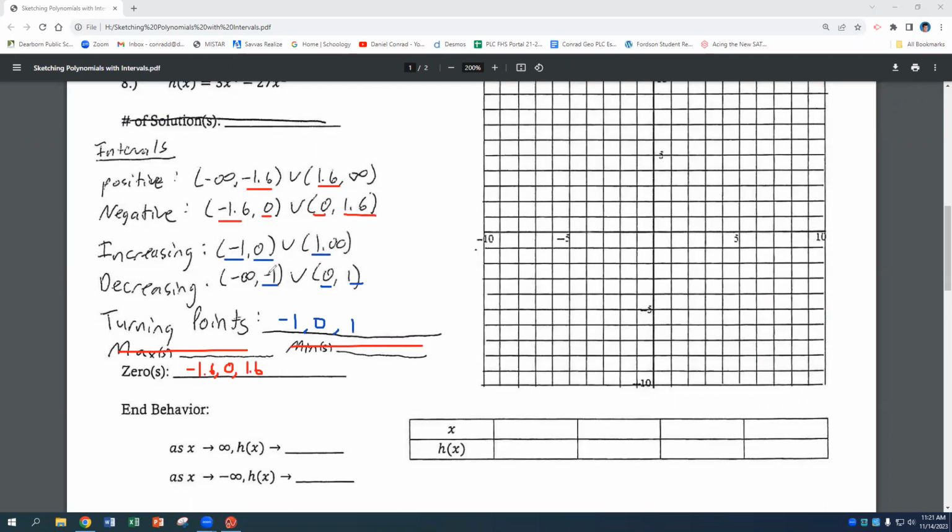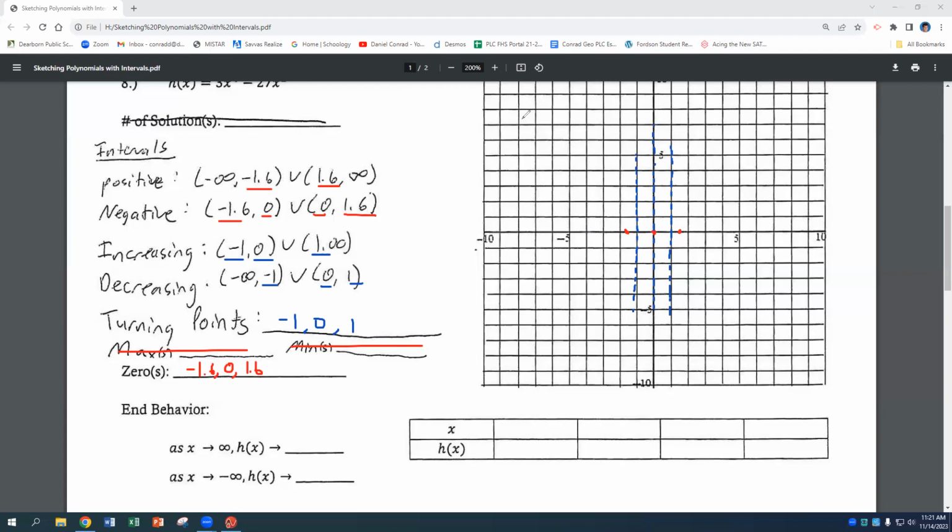So I put dash lines at 0, 1, and negative 1. Those are my zeros and my turning points.